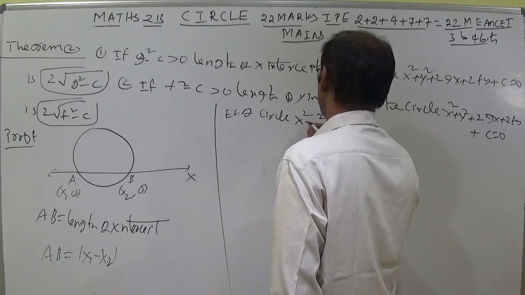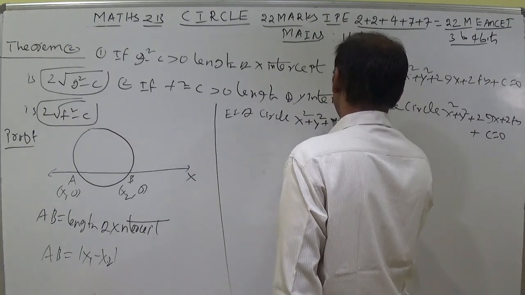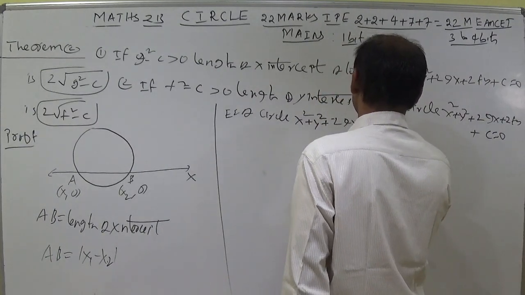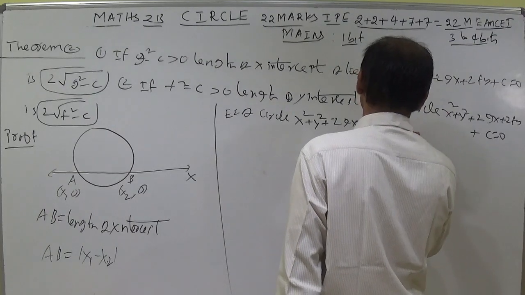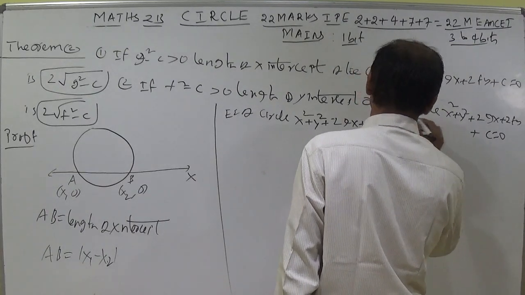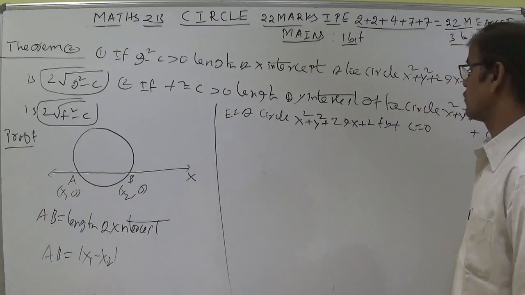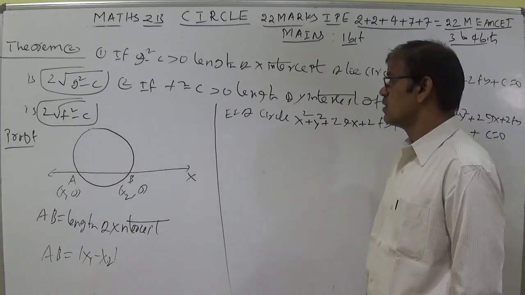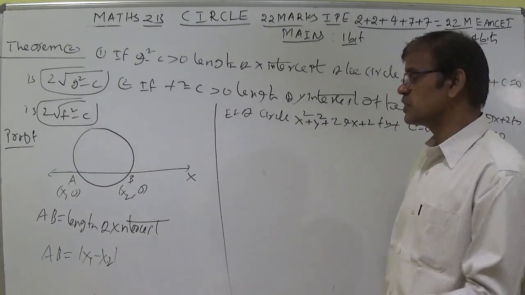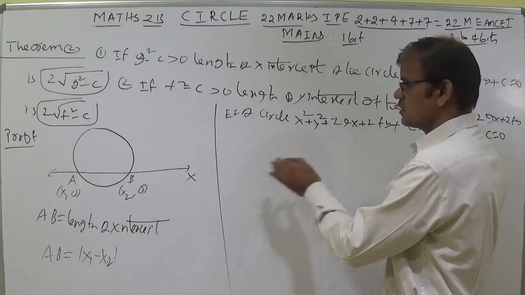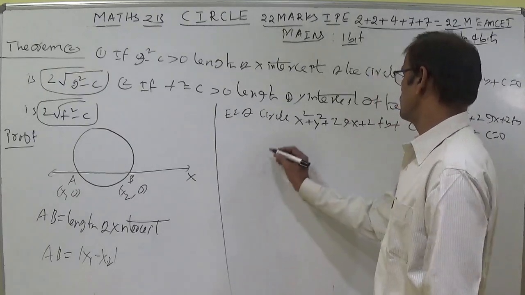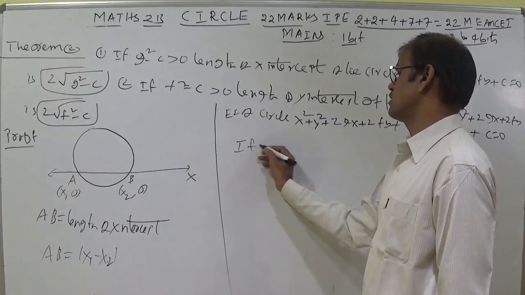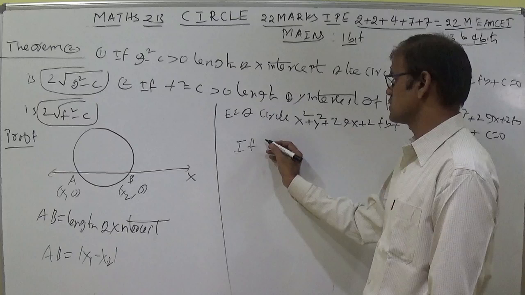Equation of circle formula: x square plus y square plus 2gx plus 2fy plus c equal to 0. If the circle is passing through a point x comma 0, I am doing a generalization.